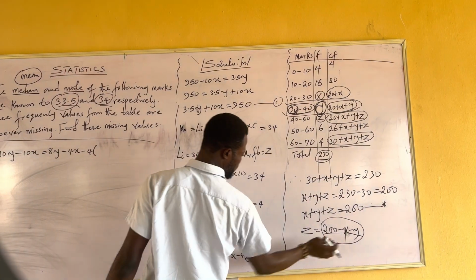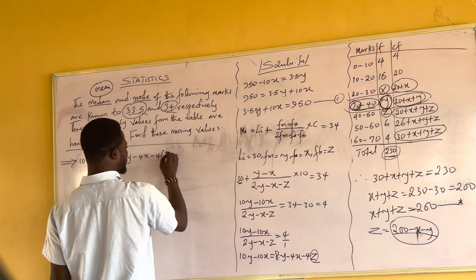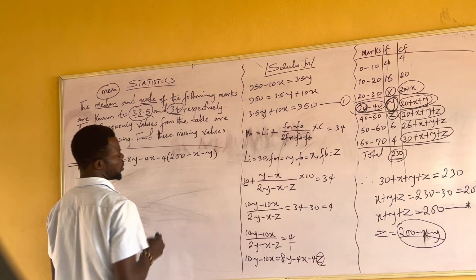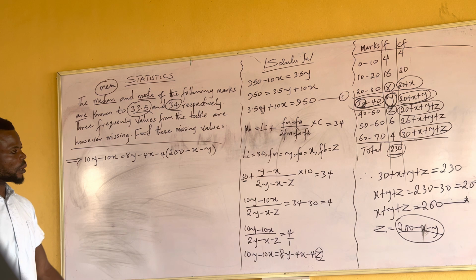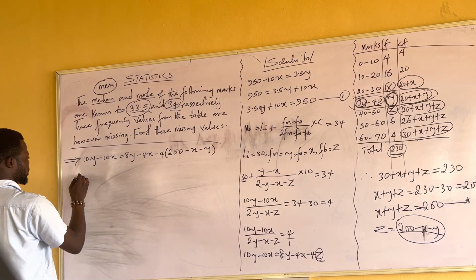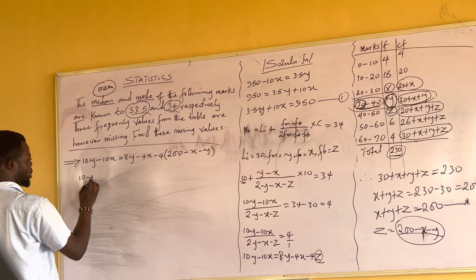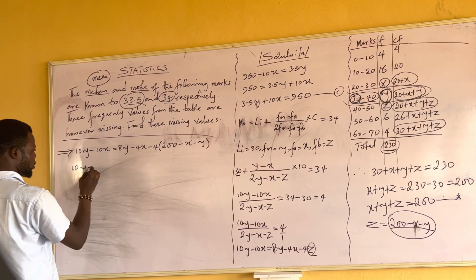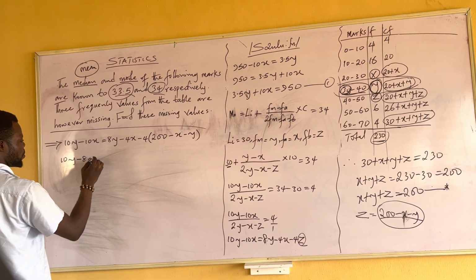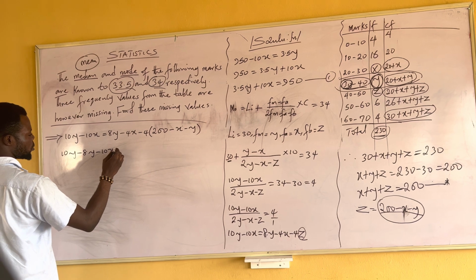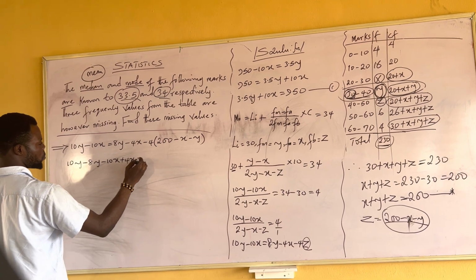My y is this, which is 200 minus x minus y. So I can now arrange it to form equation 2. This one will give me 10y. When this y comes here, I will have minus 8y, minus 10x. And when this comes here, it gives plus 4x equal to.